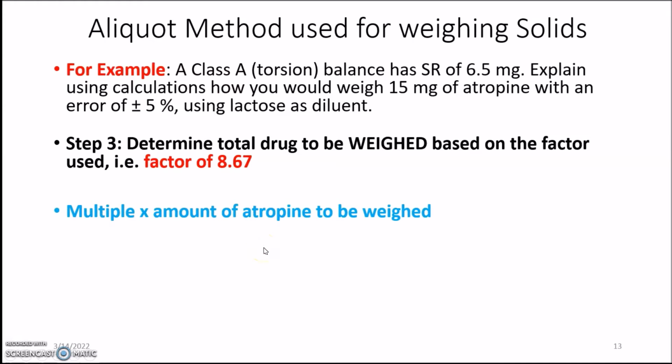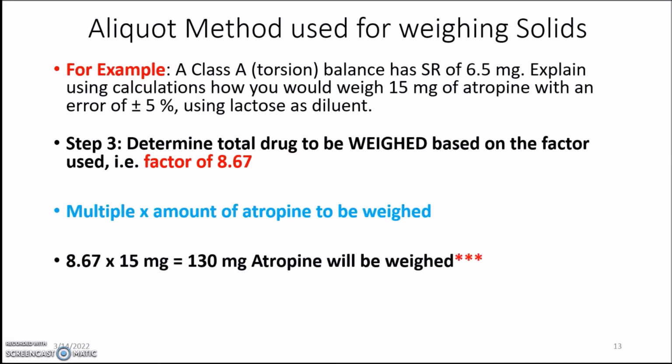So in order to determine the total drug that we have to weigh, remember we need 15 milligrams of atropine. We're now going to have to multiply that multiple by the atropine that we want. So 8.67 times 15 milligrams is going to give us 130 milligrams of atropine that we are going to weigh. Can't weigh 15 milligrams, so we are weighing 130 milligrams. It is 8.67 times more than the 15 milligrams that we want.